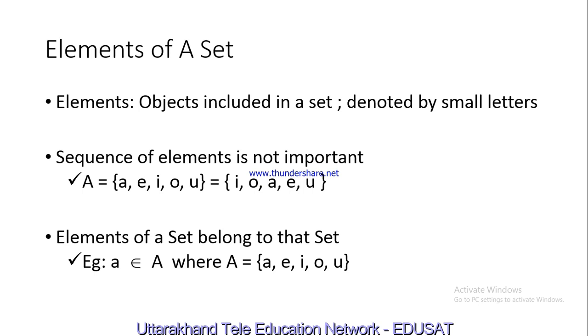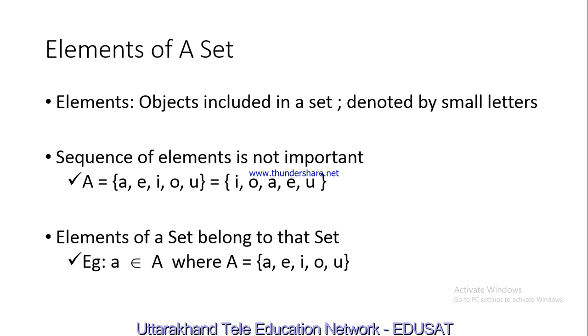Again, one more thing that you have to keep in your mind is that elements of a set belong to that particular set. For example, we have seen in the second line that the capital A, which denoted the set, is equal to {a, e, i, o, u}. So small a basically is an element of the set, and that is why it will belong to that set.